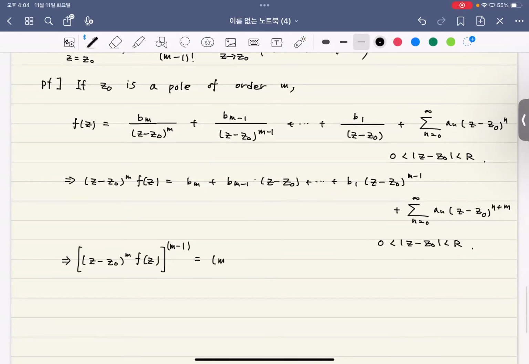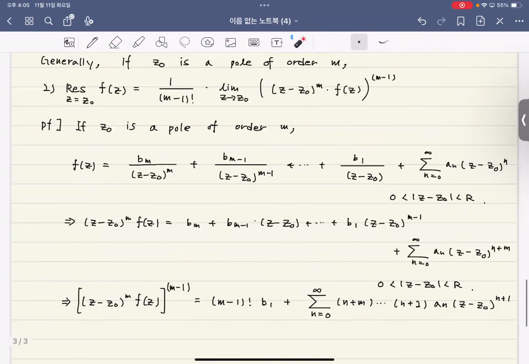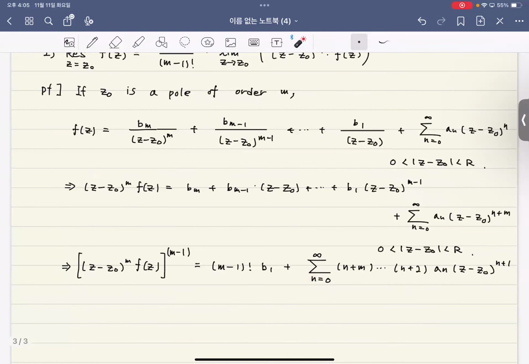So all we have is (m minus 1) factorial times b1 plus a bunch of some other numbers, a sum of terms with (z minus z0) to the n plus first power. These numbers are not that important. Finally, if z is tending to z0, this part vanishes and only this term survives.